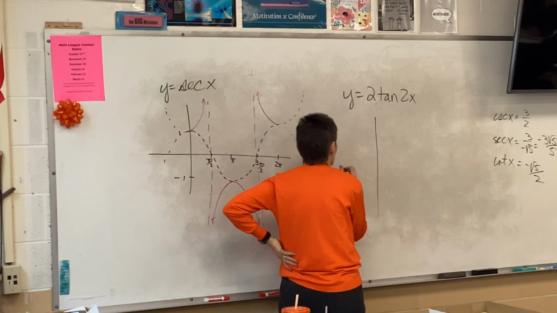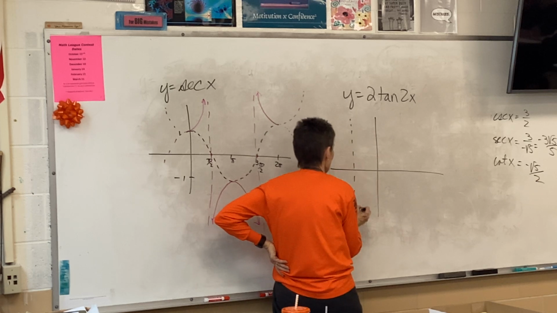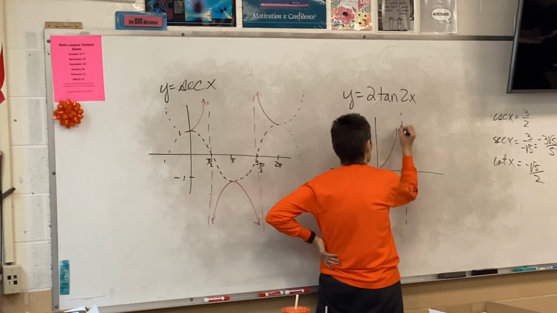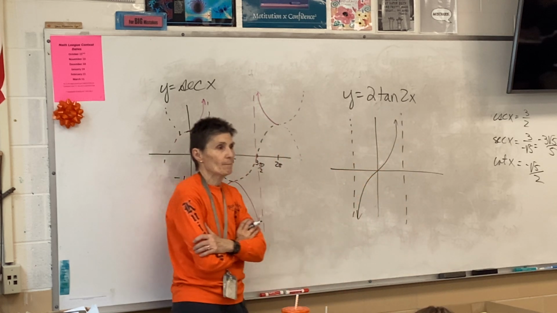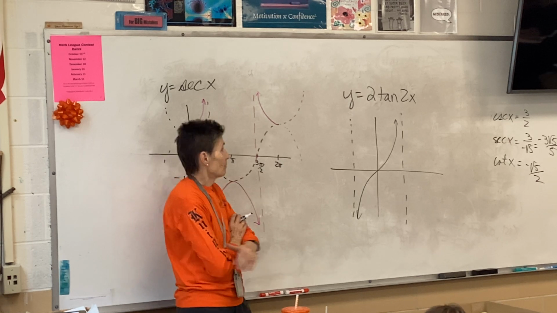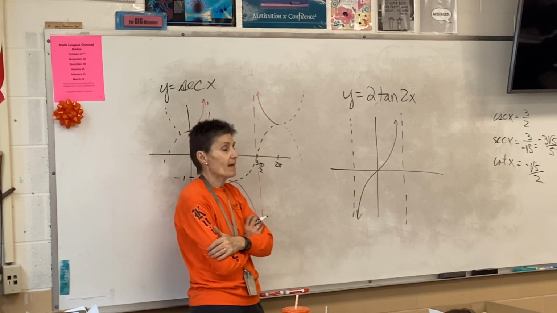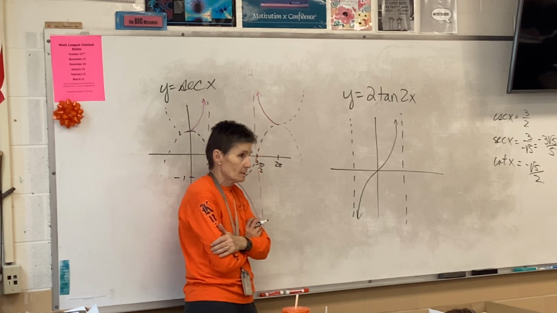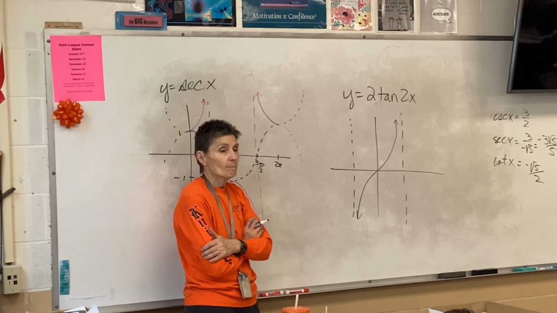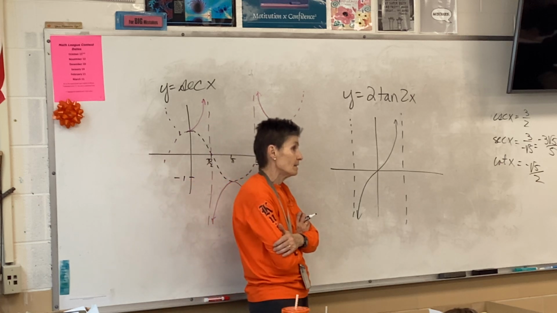So, the tangent has an asymptote here and an asymptote here, and a curve up through the origin. Would you agree with that? Now, see that 2 right there? With the sine or cosine, that 2 would change the amplitude, right? Change the height. But what do we know about tangents? They don't have amplitude, so we're gonna ignore that too.